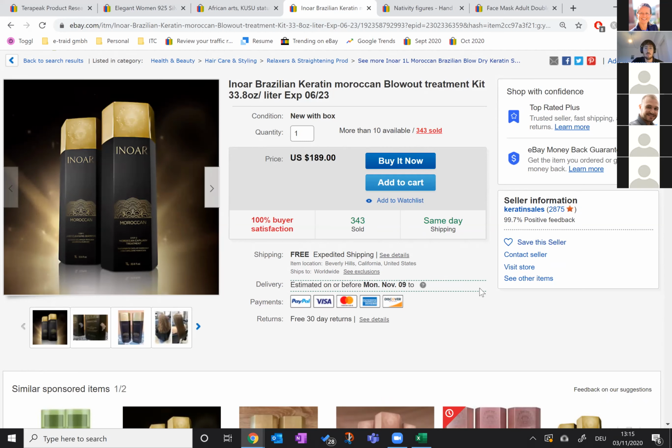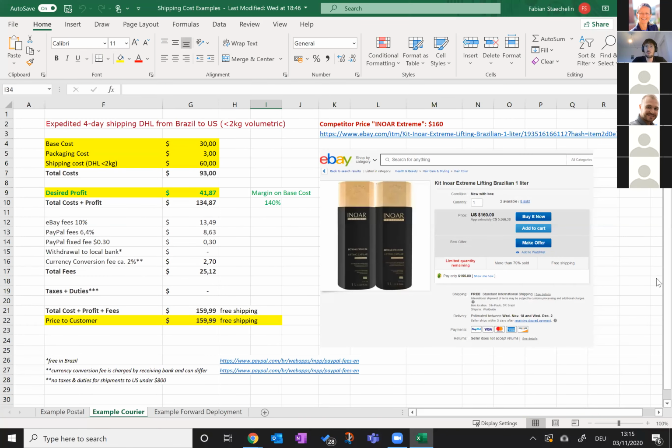I'll show you the pricing sheet from the first day, just to give you an idea of how they make it work. So the base cost, as we've seen it, was relatively low, at maybe $30 or so. Then you have some packaging, and then you have some shipping cost.